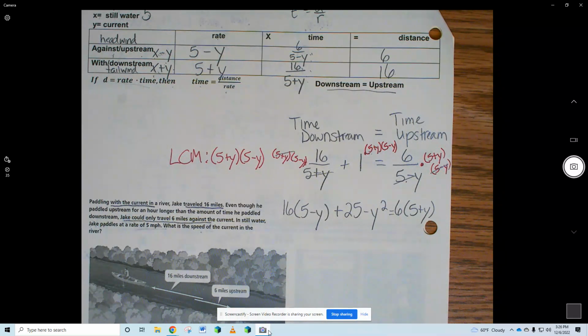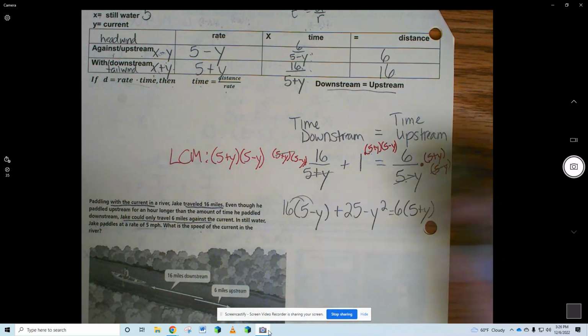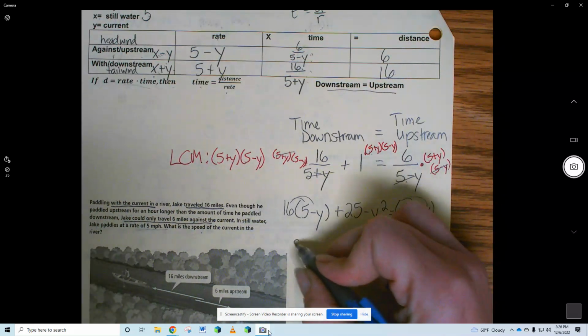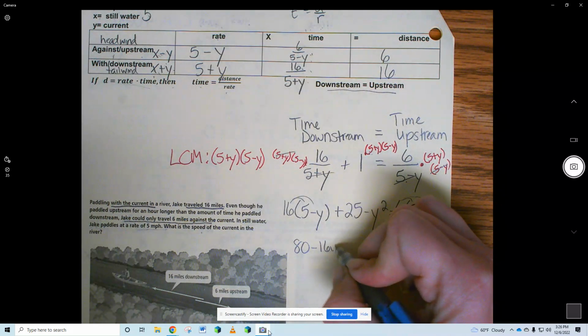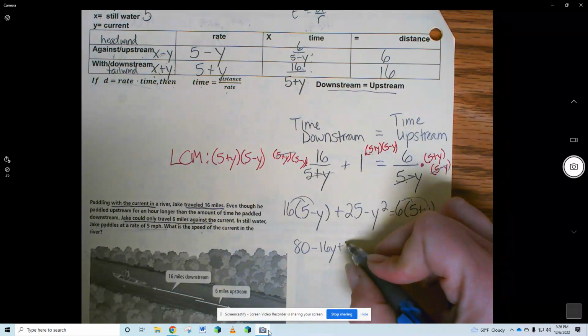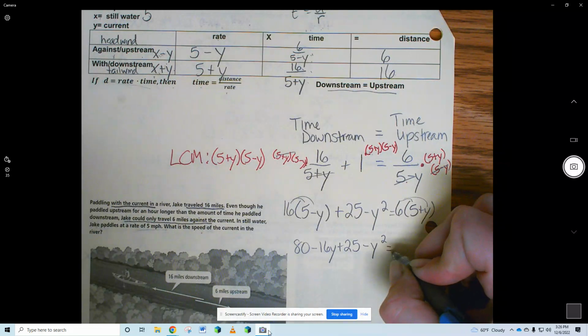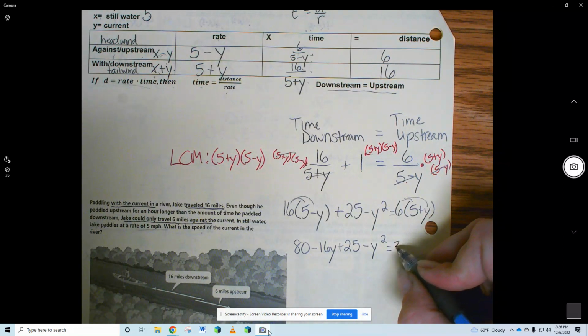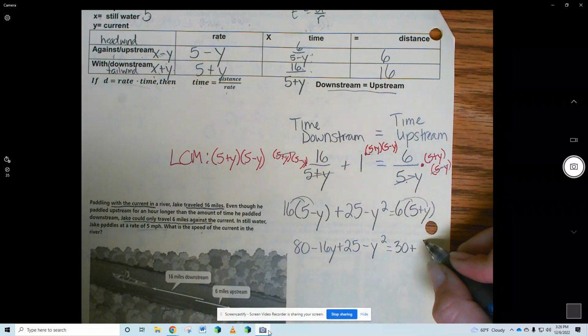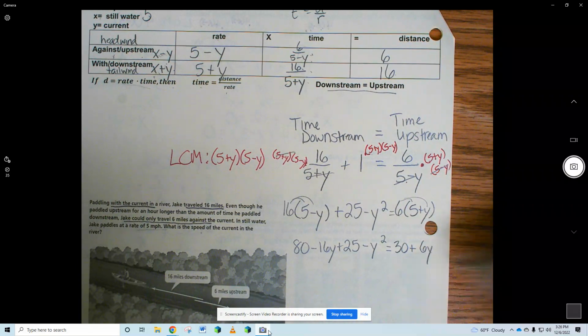Okay, here we go, distributing what I can. 80 minus 16y plus 25 minus y squared equals 30 plus 6y.